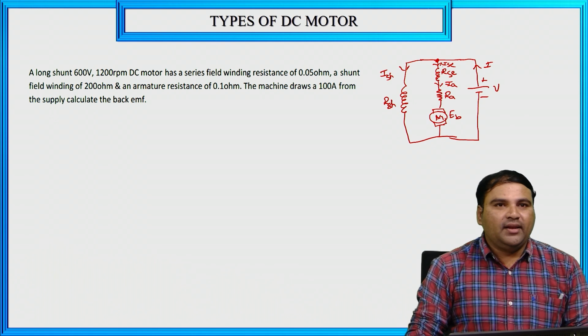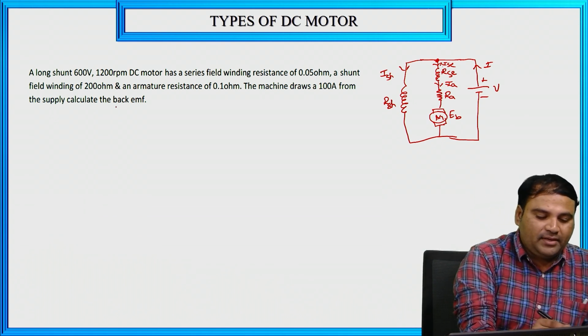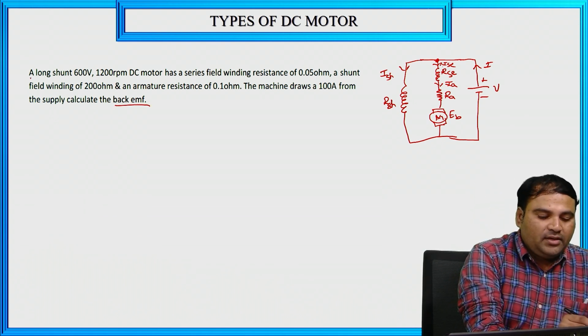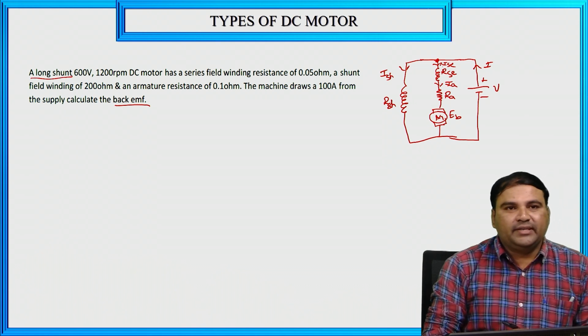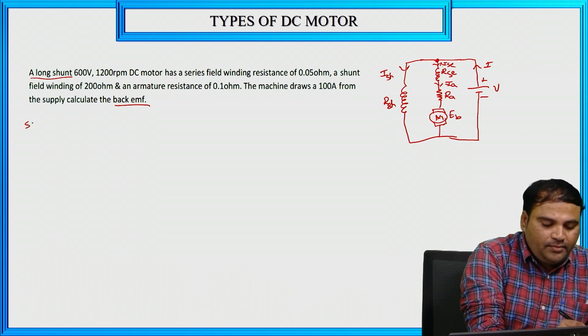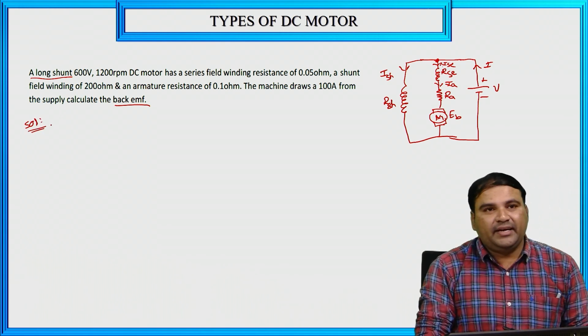So we need to calculate the back EMF here. This problem is based on the long shunt compound wound DC motor. Okay, so first of all we need to write the given data.